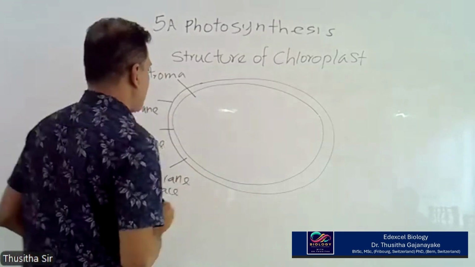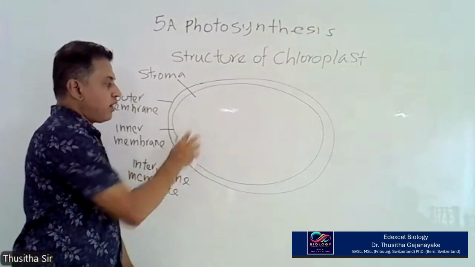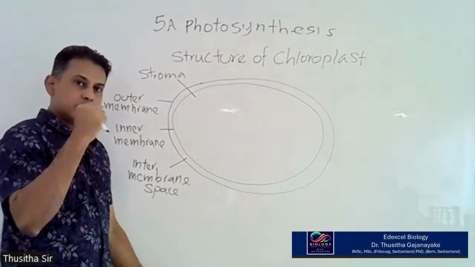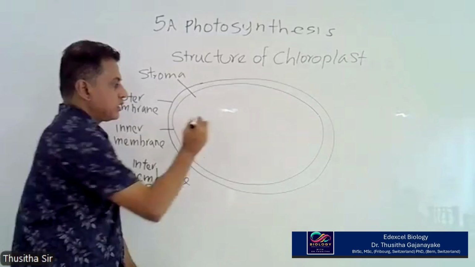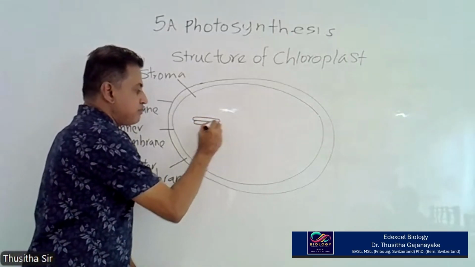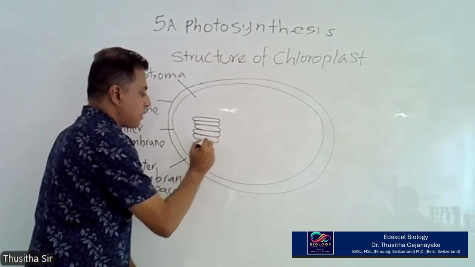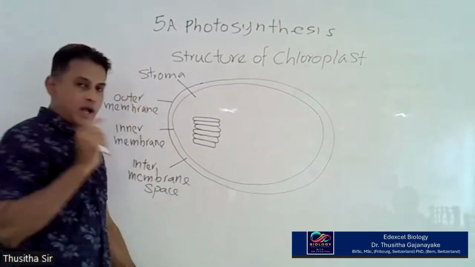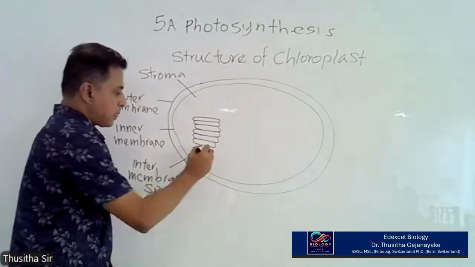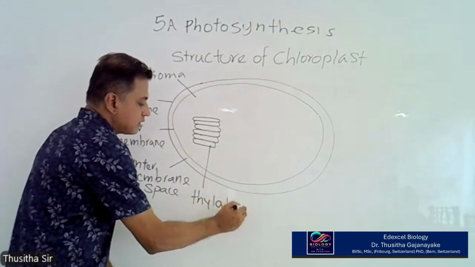Right. Next thing is the most important thing. Inside the stroma we can find the disc. This disc appears like this and they are stacked together to make columns like this. The one disc is called a thylakoid.